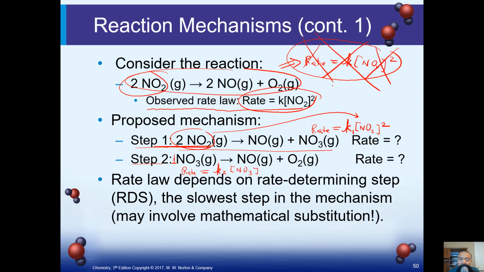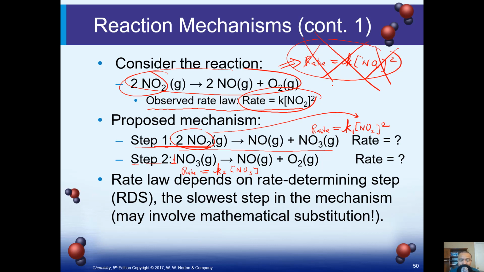If we cannot write the rate law based on the overall reaction, how do we know if this mechanism is feasible? To satisfy this requirement, the mechanism must be consistent with the experimentally observed rate law. To address this issue, we must identify the so-called rate determining step, or RDS, which is the slowest step of the proposed stepwise mechanism.